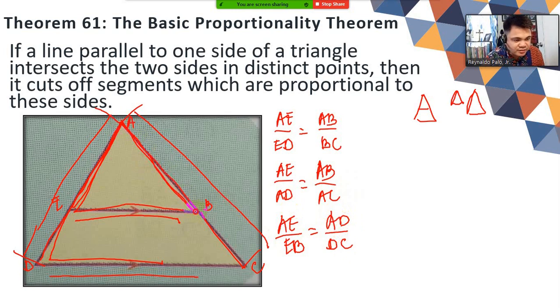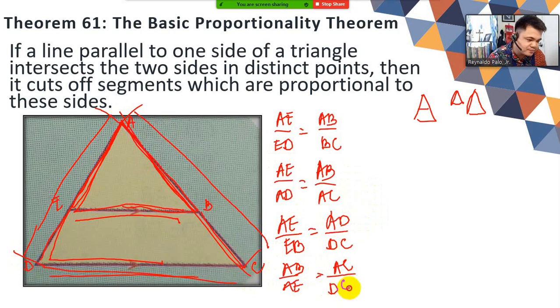Next, AB over AE equals AC over DC. Last, we can also use AE over AB equals the bigger one, AD over AC.